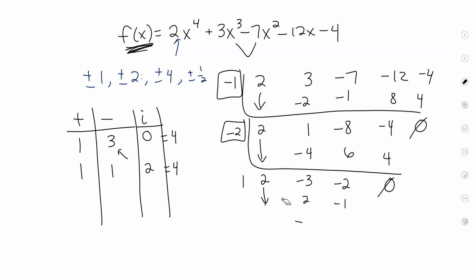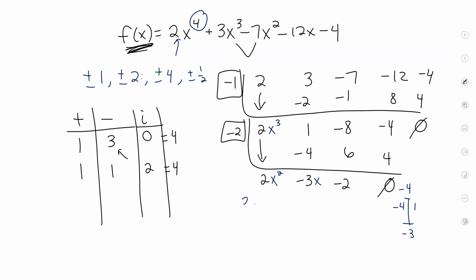I got it down to a polynomial that I know how to factor. We started out with the 4th degree, so this is the 3rd degree, this is squared. All right, so I'm gonna do -4, -3, that can be -4 and +1.